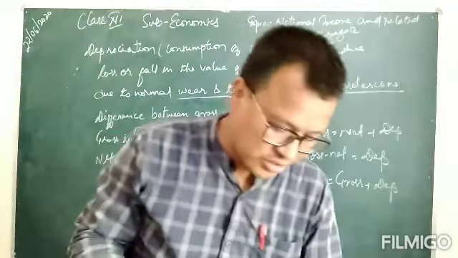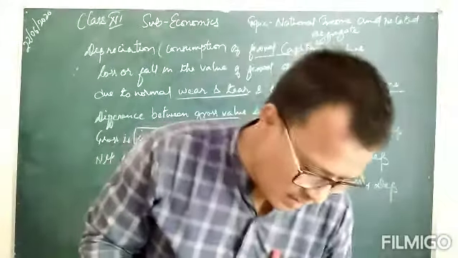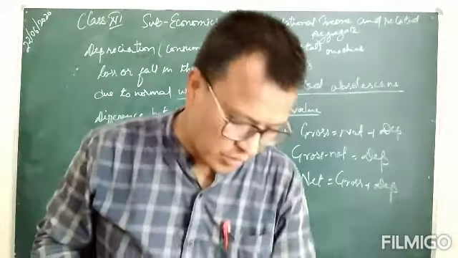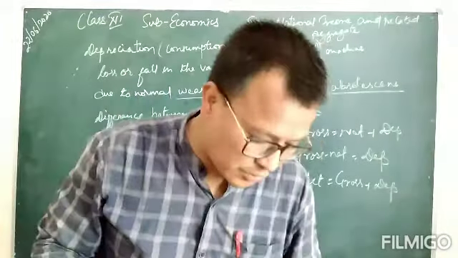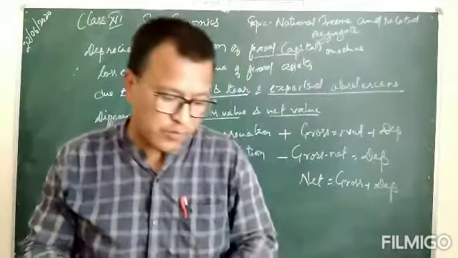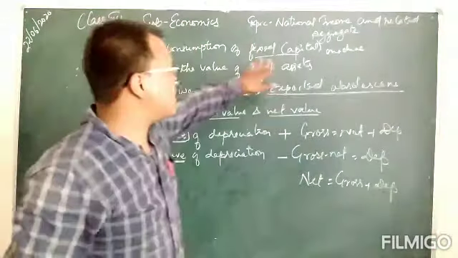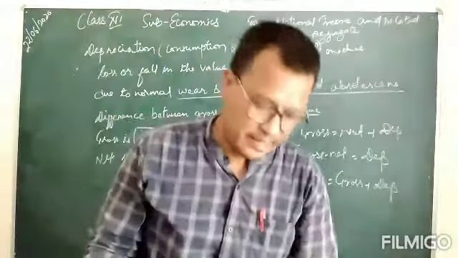The production goes on decreasing, and because the decline is continuous, it leads to a fall in the value of the asset. The value of that fixed asset slowly falls because the production has declined.